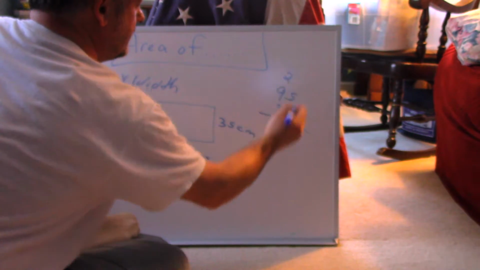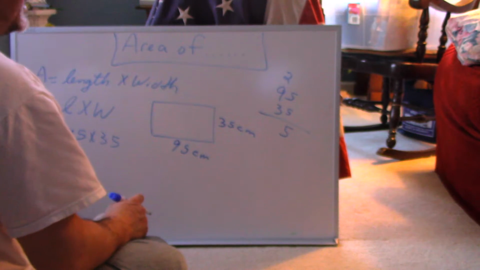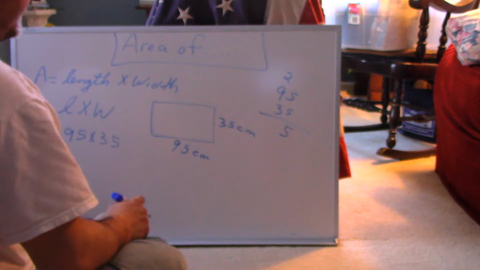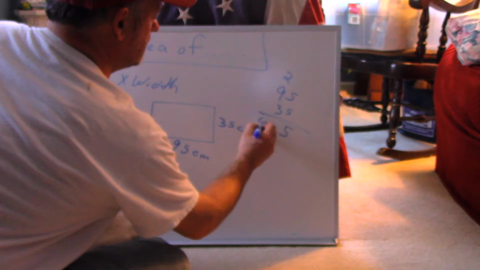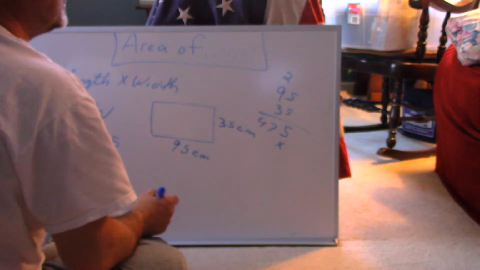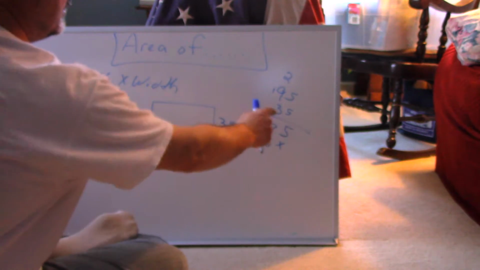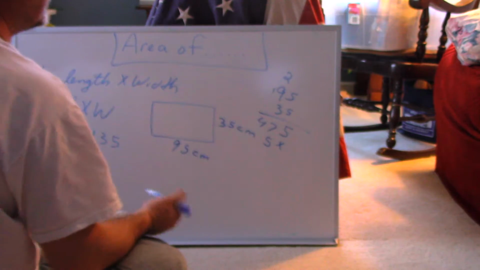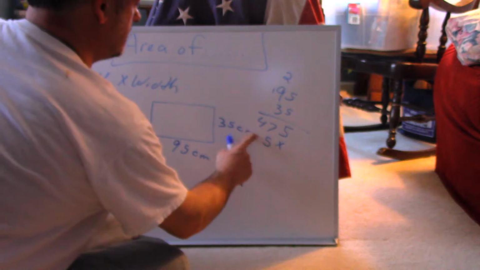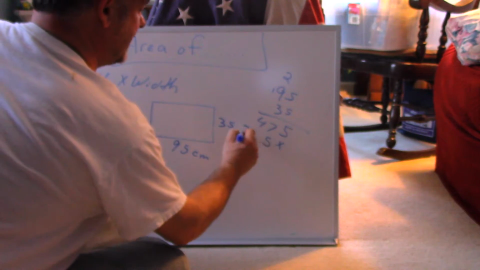5 times 5 is 25. 5 times 9 is 45, plus 2 is 47. 3 times 5 is 15. 9 times 3 is 27, plus 1 is 28. Let me move that out of the way. 28.